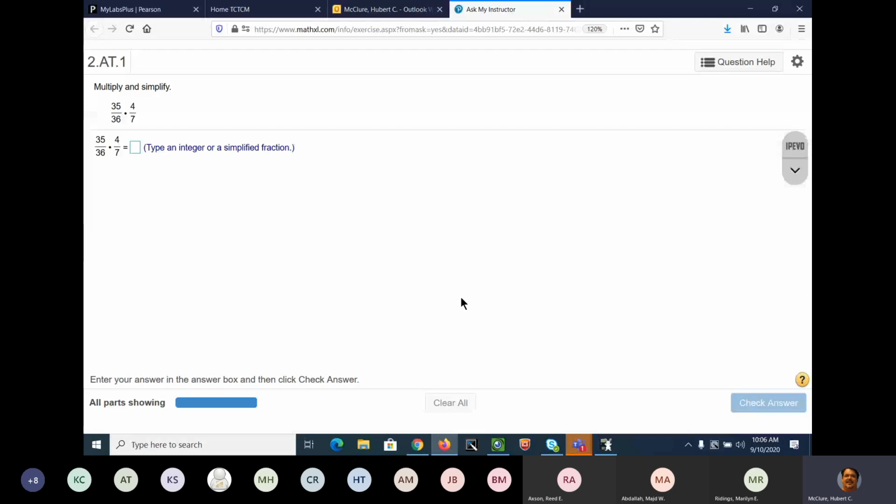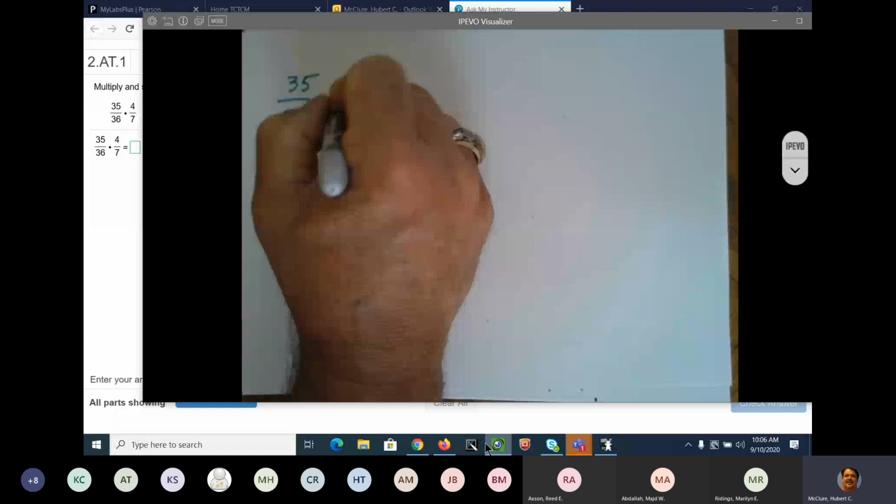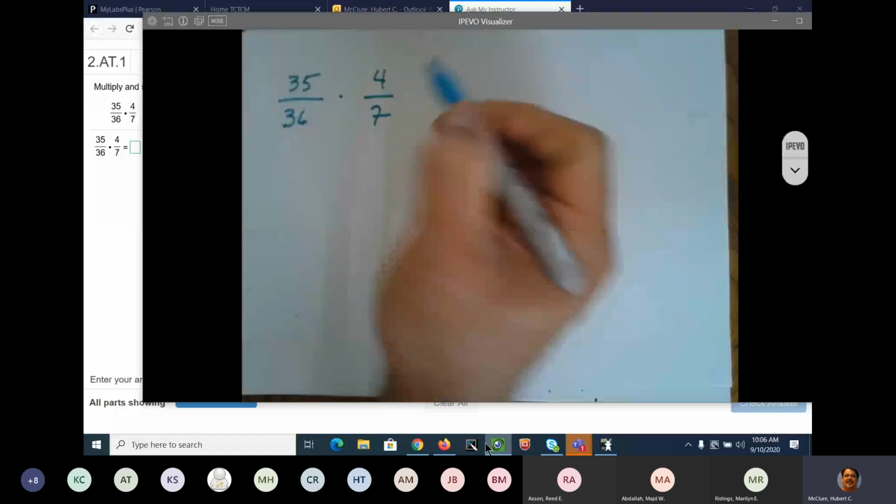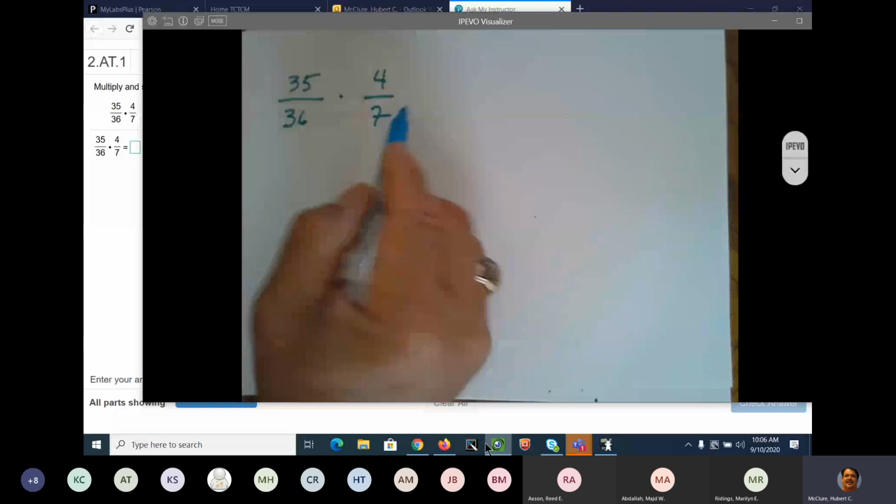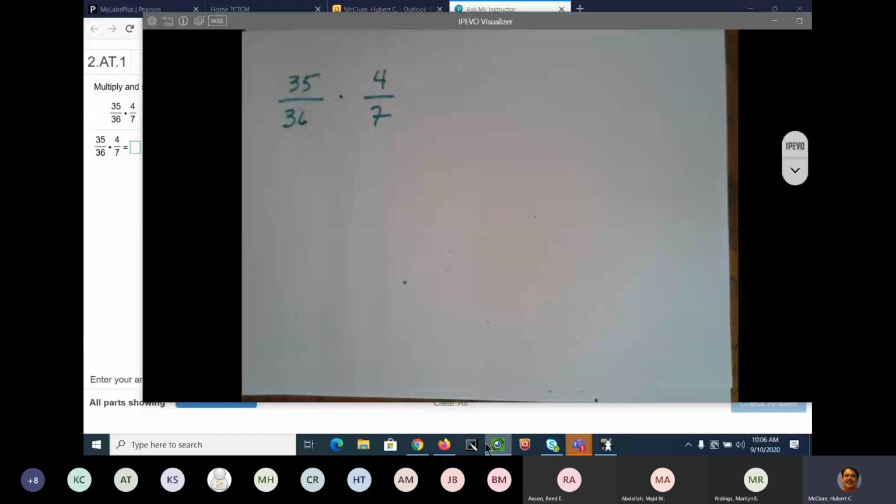So it's going to be 35 over 36 multiplied by 4 over 7. And you could do it, you could go through and multiply 35 times 4 and 36 times 7. I'm not going to do that because that takes more time and you have to depend on the calculator.